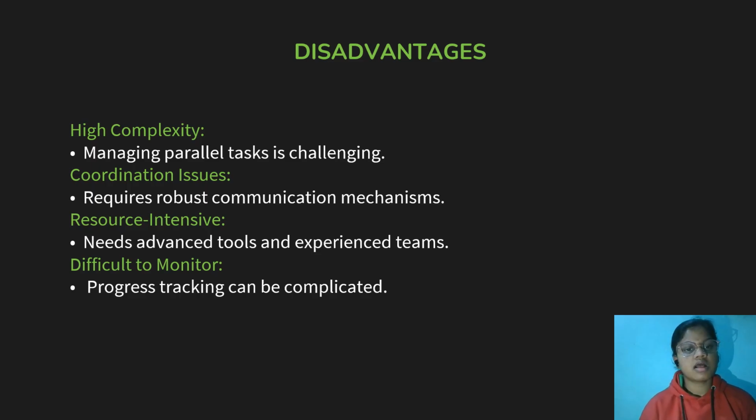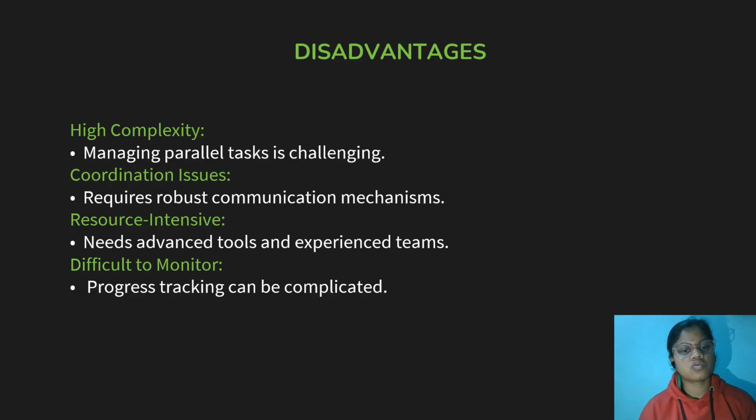First, high complexity: if two stages are executing and both need the same resource for further execution, it may lead to deadlocks or starvation. These conditions need to be solved. Then coordination issues, like communication mechanisms.